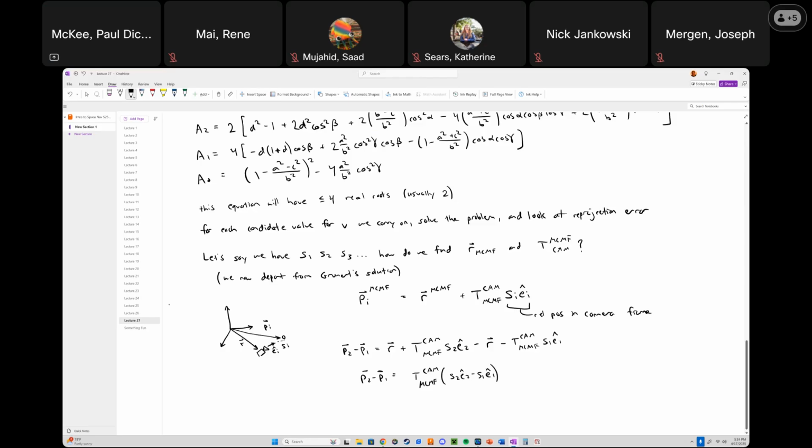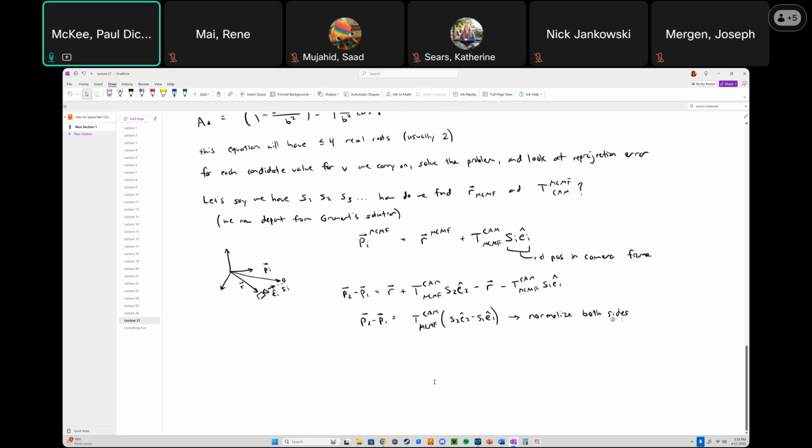Okay. And what I would say is we're going to take this vector and we're going to normalize both sides. So you can think of it this way. S2 E2 minus S1 E1, that's really just the vector from point 1 to 2 in the MCMF frame. You can think of it that way. All right. So write it this way.